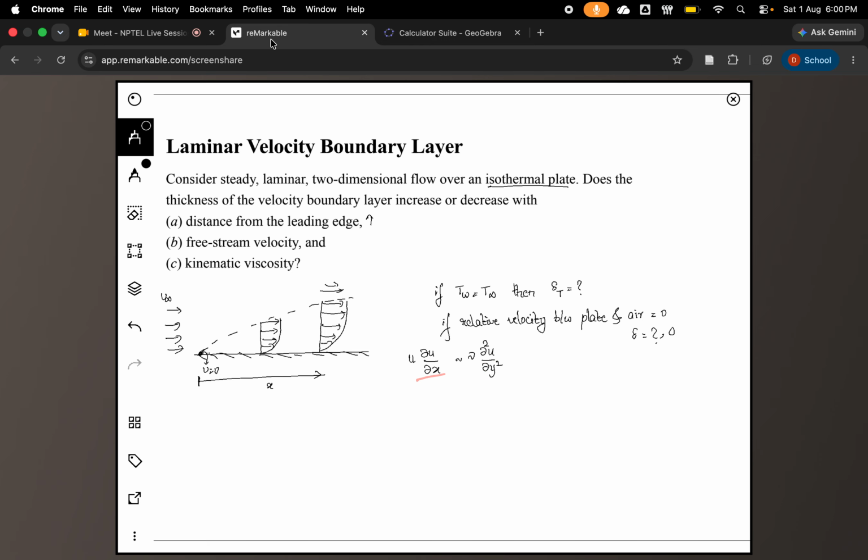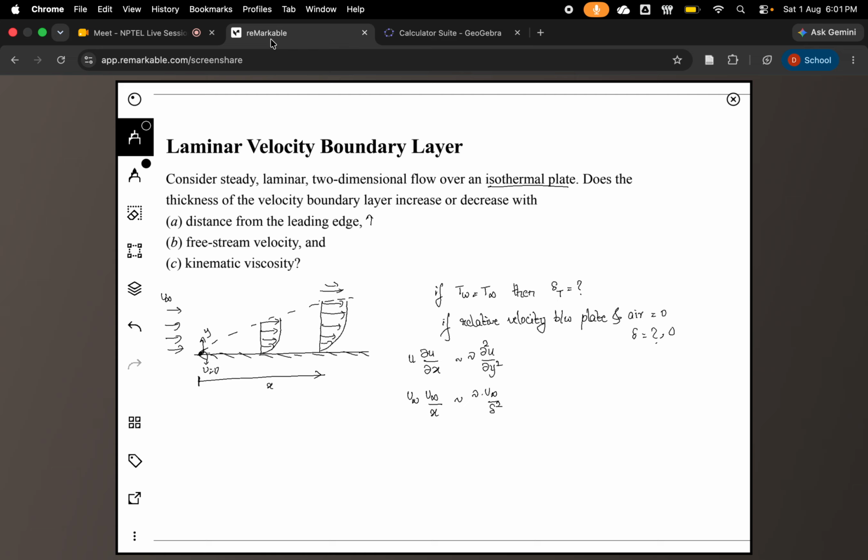That is how we will determine the scaling for the particular delta. So u will scale as u infinity, the free stream velocity. Del u del x will be written as u infinity by x, where x is the distance from the leading edge. That would scale as nu times del square u del y square, which will be u infinity by y squared, where y is the distance from here. So this is my y axis, and the distance up to this will be delta squared.